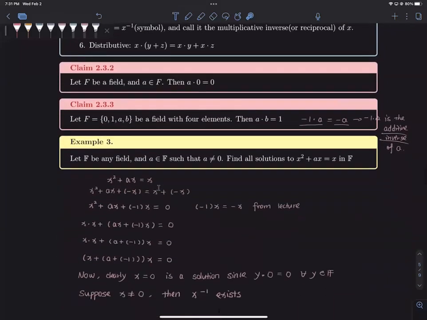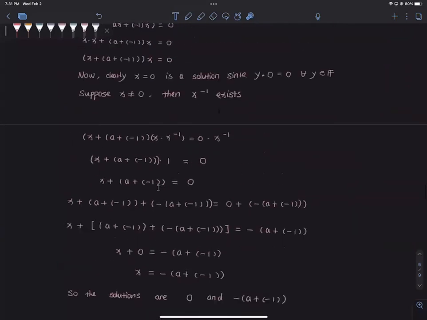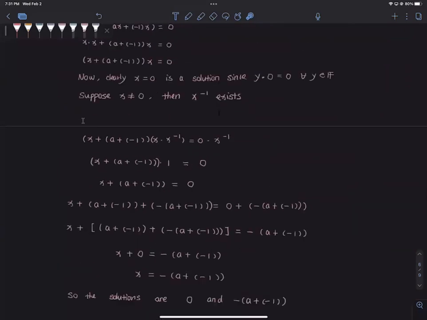Scroll down to the end. Sure. Here. Where is the additive inverse in 2.3.3? For which element? For 1? I don't remember the table. I think it's 1 plus A equals 2.